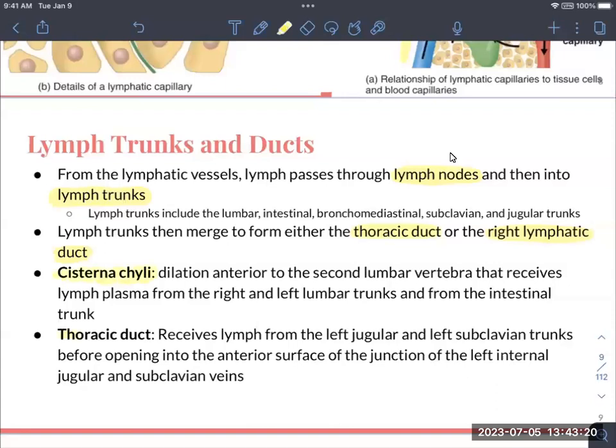That thoracic duct receives all of this lymphatic fluid from the left jugular and left subclavian trunks.